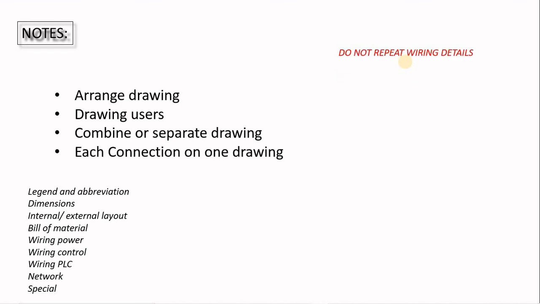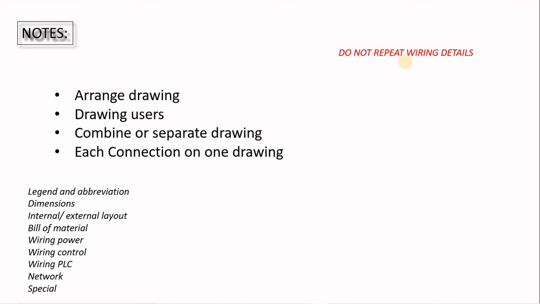Now, this is something fundamental: don't show each terminal on two different drawings. The problem is, if you have a drawing that shows one terminal and the same connection is shown in another drawing, when you do the test it will be very hard, because you will highlight it in one drawing and you may miss something.